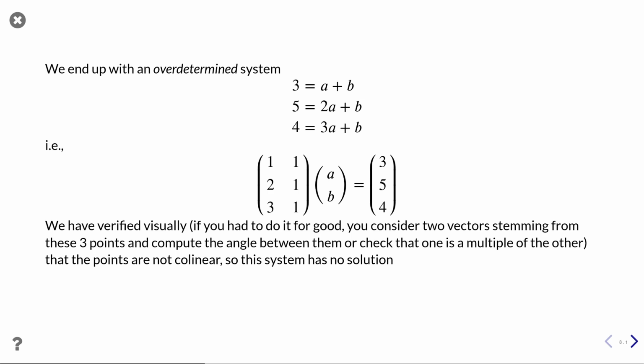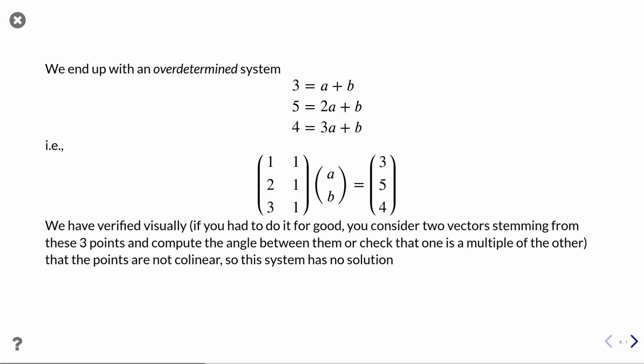If you wanted to verify this properly, you would, for instance, make vectors out of the 3 points. So take a vector from the first point to the second, a vector from the first point to the third, and check that the angle between them is not 0 or minus pi.